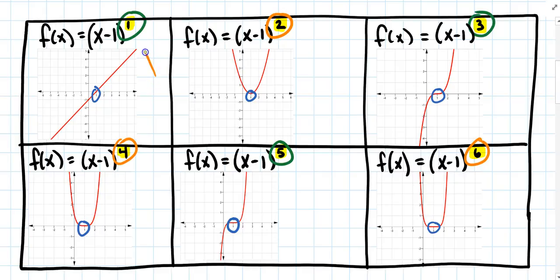So this zero has multiplicity of 1, this zero has multiplicity 2, then multiplicity 3, 4, 5, and 6. The whole idea about multiplicity is whether or not the function is going to pass through that particular zero or turn around at it. The bigger the number, the flatter and wider around the zero the graph will become.